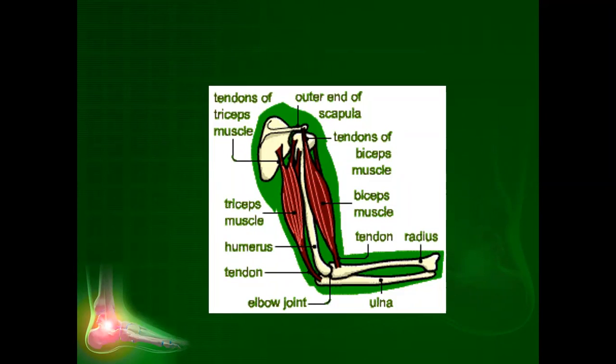Picture this. Here we have our origins of our biceps and our triceps. Here we have the insertions, and it's the pulling as this muscle contracts and pulls, just like a puppet string. Contract, contract.